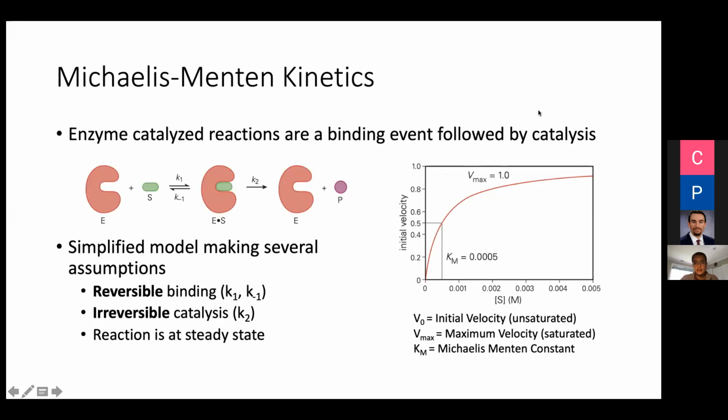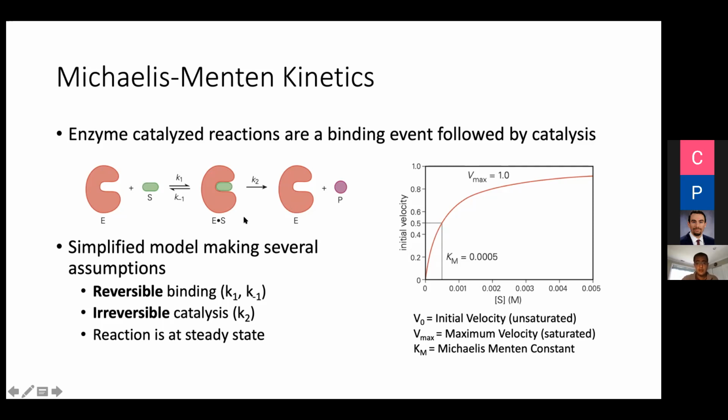It's a simplified model that defines how enzymes speed up a reaction and convert a substrate into a product. And it breaks the entire process down into 2 steps. The first one of which is a binding event, which is very similar to what the previous tutors talked about. And the second one is the actual catalysis event.